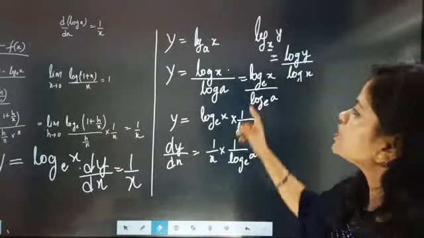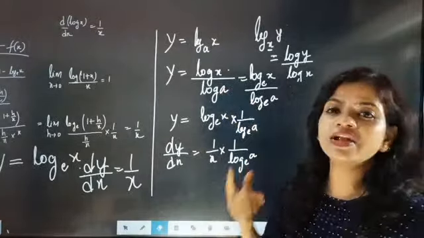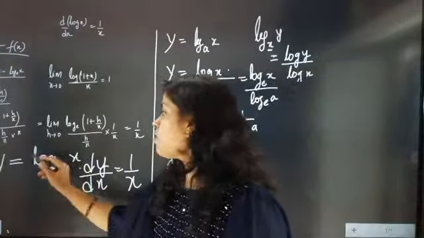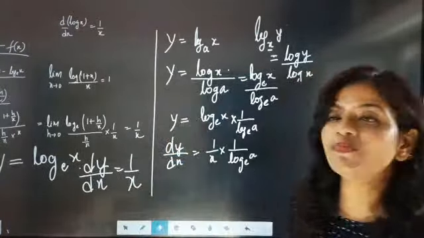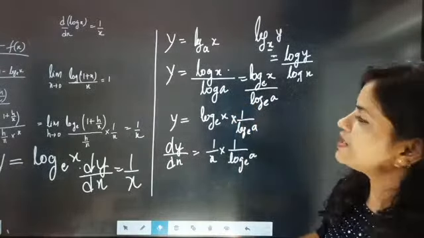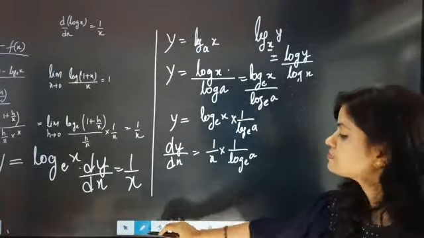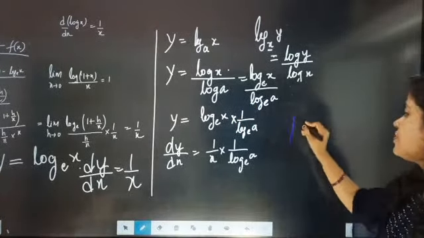For that, first we have to separate this a out, because the differentiation of log base e of x is 1 by x. Once we have separated a out, there is a formula. Now just understand this formula.